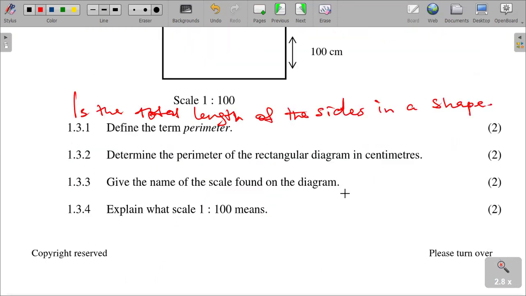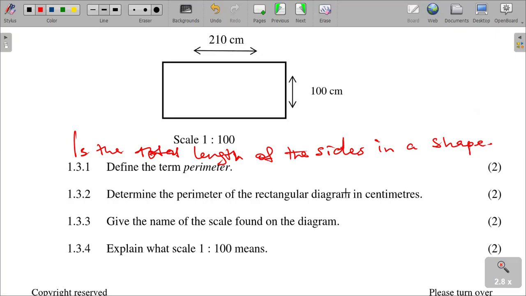And then determine the perimeter of the rectangular prism in centimeters, the total perimeter of the shape that is above there. So the perimeter of the diagram is equal to 210 plus 210 plus what?